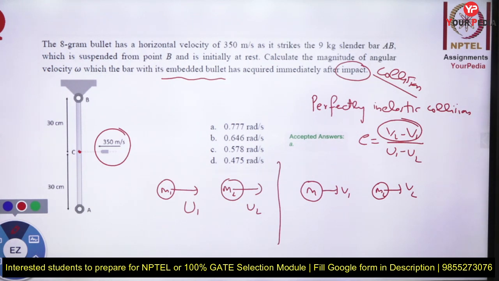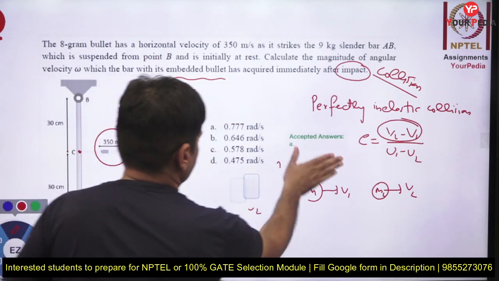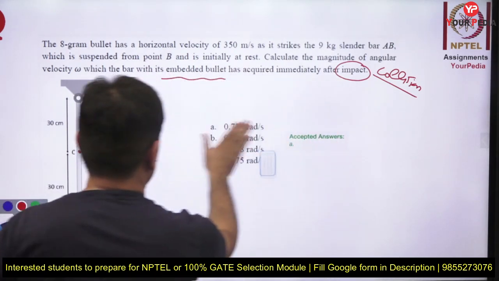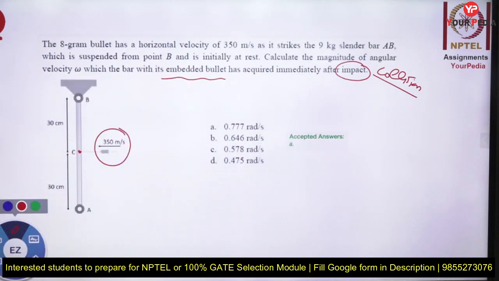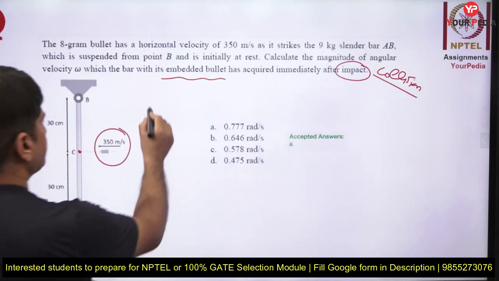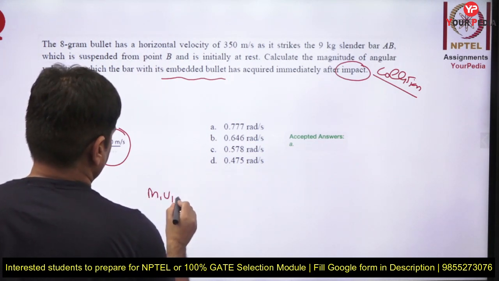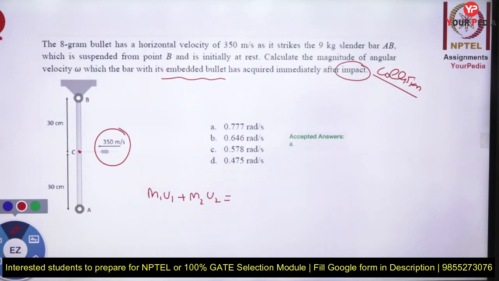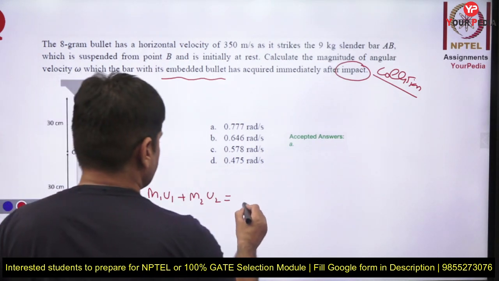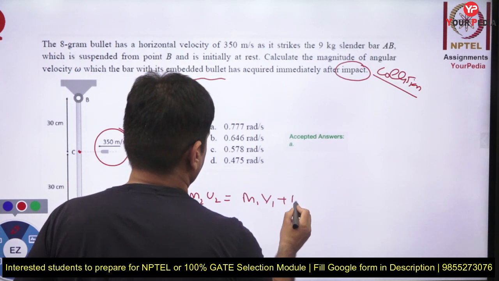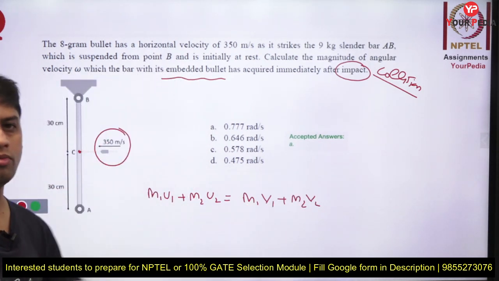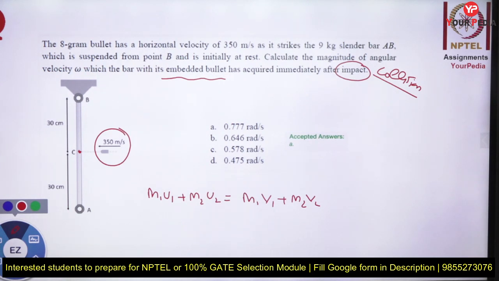Now in this particular case, for that matter, in any type of collision, linear momentum remains conserved. That means if there are two bodies and they have momentum before collision as m1u1 plus m2u2, then after collision, suppose their momentum is m1v1 plus m2v2.